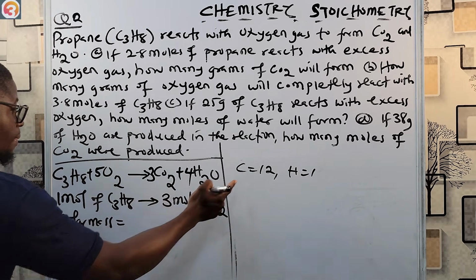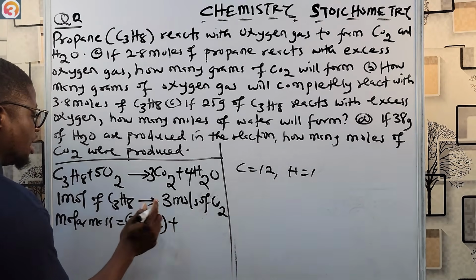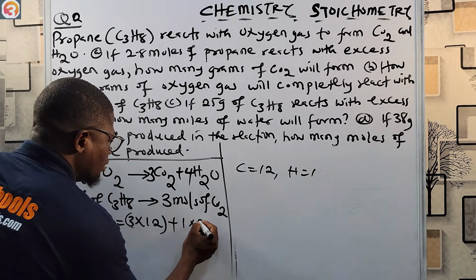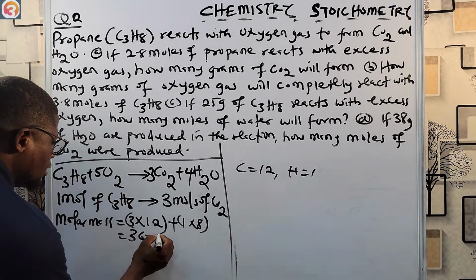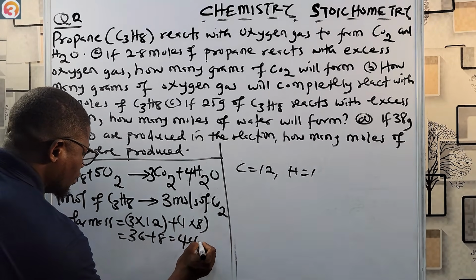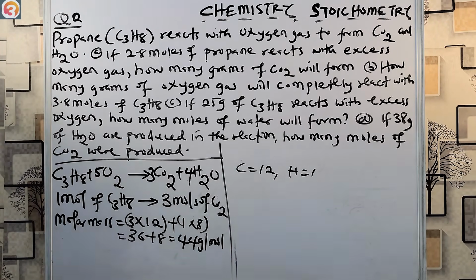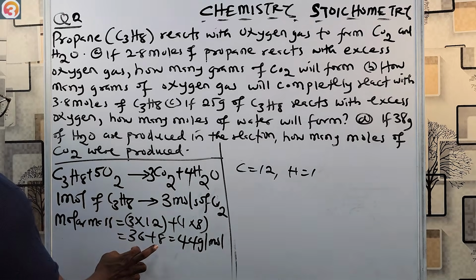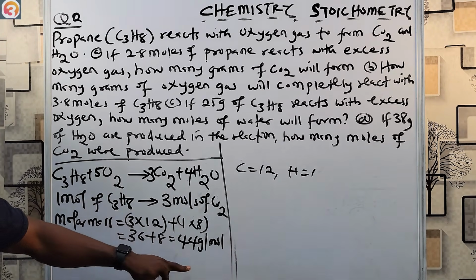So 3 times 12 plus H8, that is 1 times 8. 3 times 12 is 36, plus 8 gives us 44 gram per mole. So the molar mass of propane, C3H8, is 44 gram per mole.